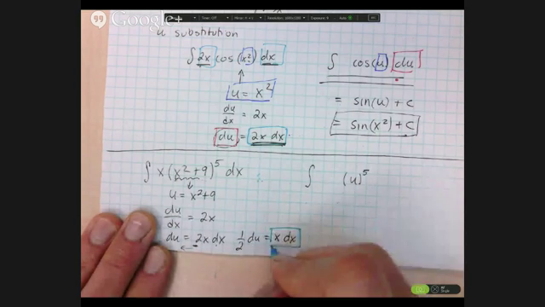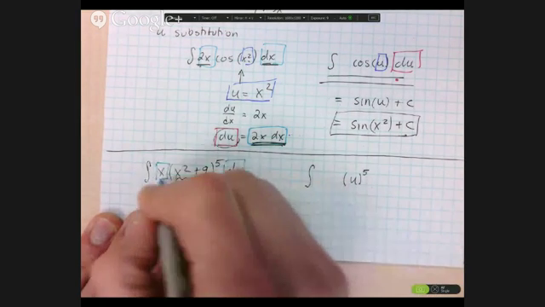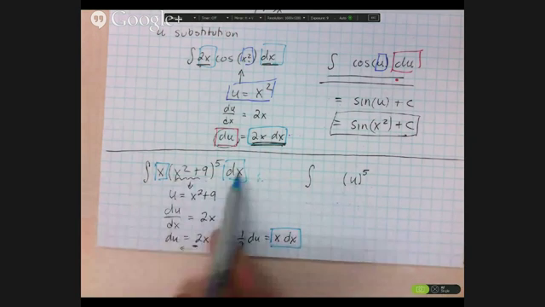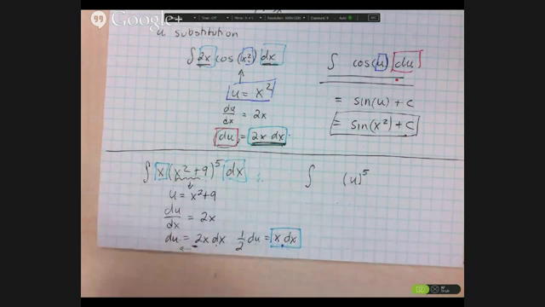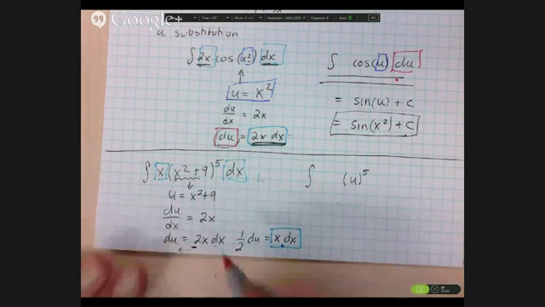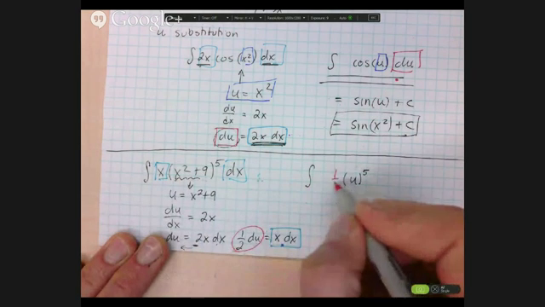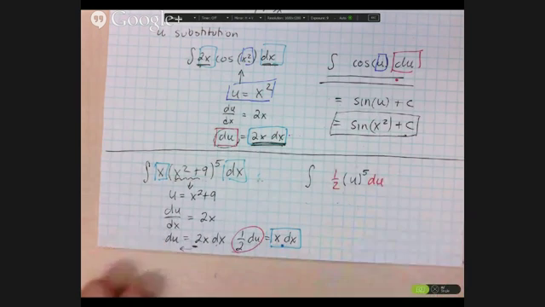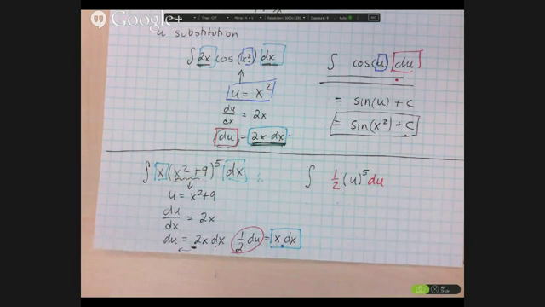Now x dx gets replaced with 1/2 du. Now, what's the integral? 1/2 times u to the 6th over 6.